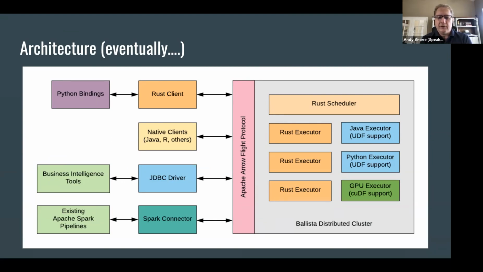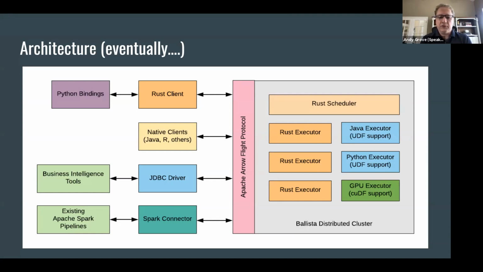The idea here is that on the right, we have the distributed cluster. It could be running in Kubernetes, or it could be a standalone cluster. We have one or more scheduler processes and some executors. We use the Arrow Flight protocol so clients can talk to Ballista.